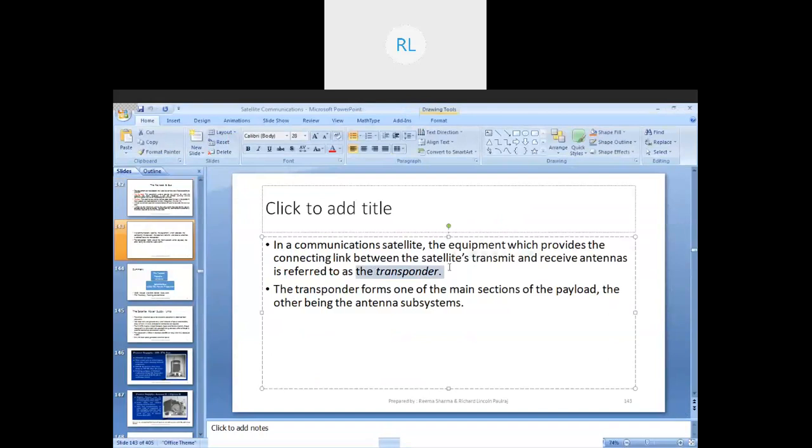In communication satellites, the equipment which provides the connecting link between the satellite's transmit and receive antennas is referred to as transponders. A very important section of your satellite is the transponder. It is responsible for receiving as well as transmitting signals. Without this, it's going to be difficult for the satellite to communicate.